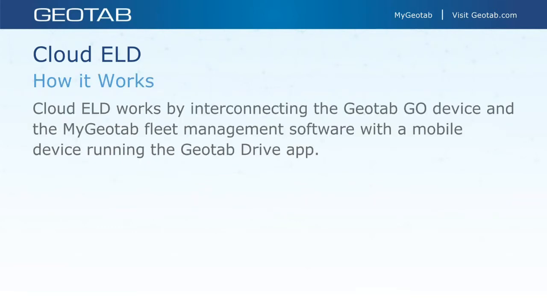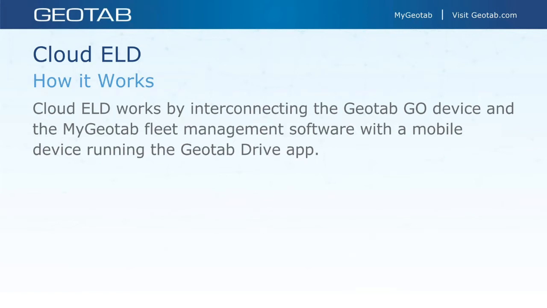So Cloud ELD works by interconnecting the Geotab Go device and the My Geotab fleet management software with a mobile device running the Geotab Drive app. This is a very fundamental change to the logic that we were using previously, and by previously, I mean prior to about May of this year.